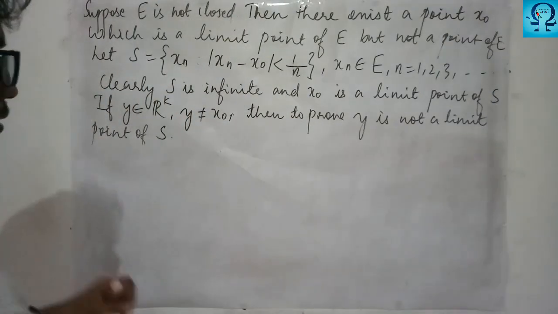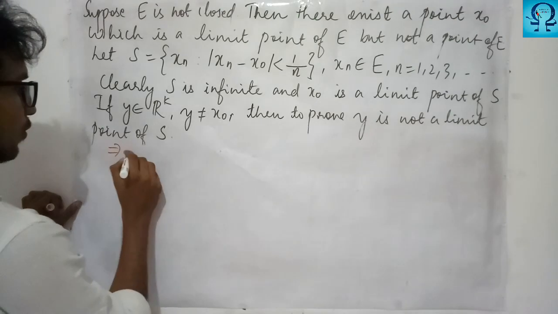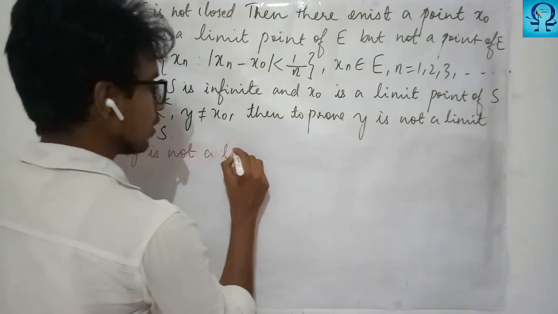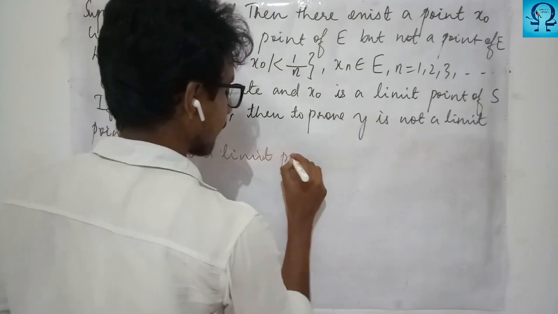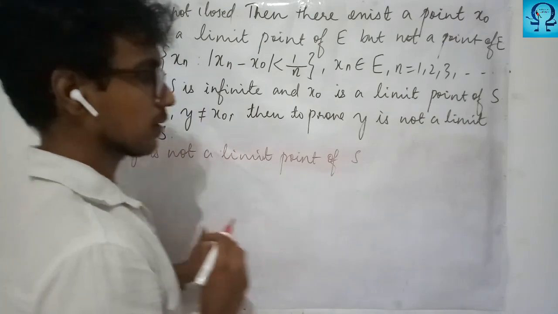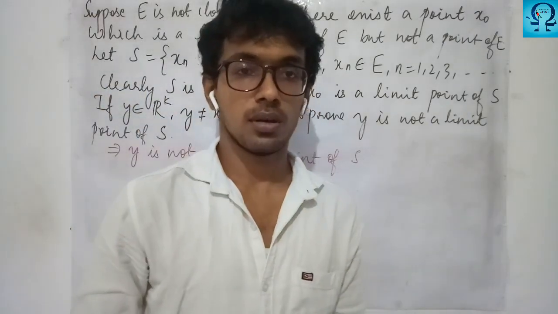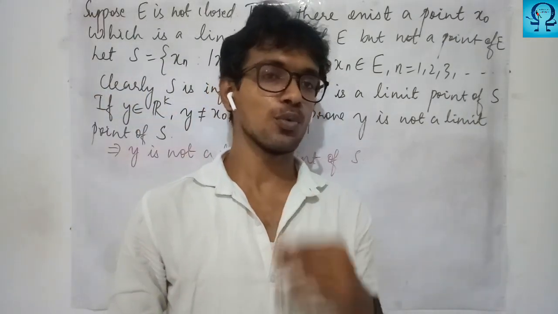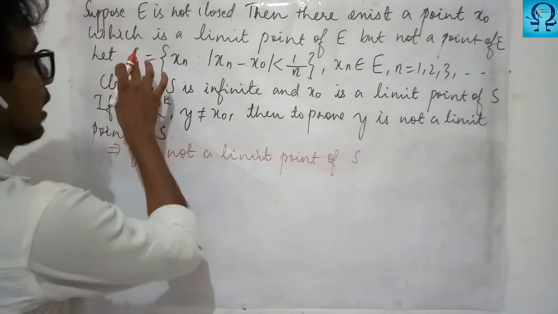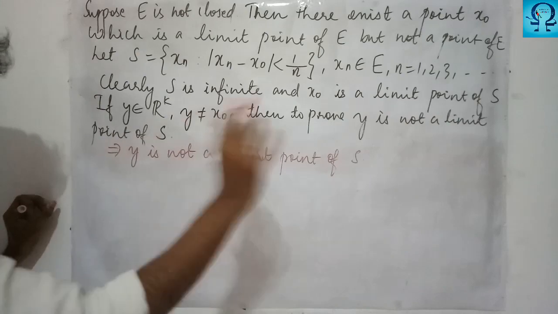So by proving this, what we have proved? We have proved y is not a limit point of S. Okay. So here, what do we actually have? What we have is that we have an infinite. Okay, let me write that too.